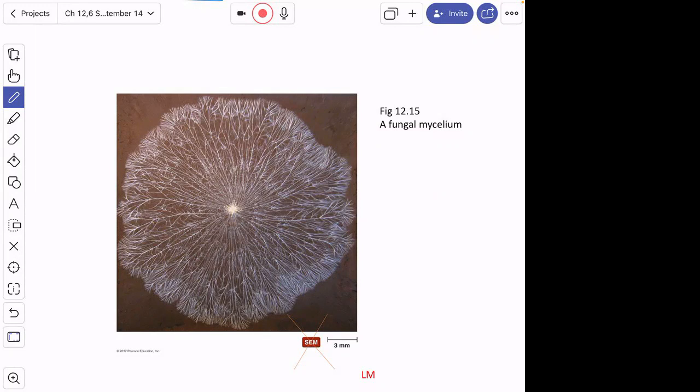I am almost positive, and I don't know if this was corrected in the latest edition, that this is not an SEM, because the units here are 3 millimeters. So that just doesn't add up. This looks like something you can see with the naked eye. Maybe a microscope would help you see it in a little more detail, but I'm pretty sure this is some kind of light microscopy.